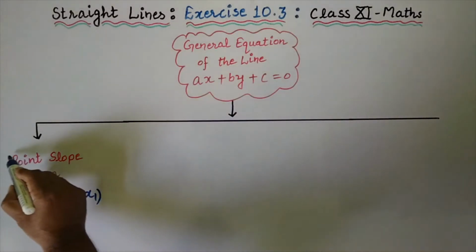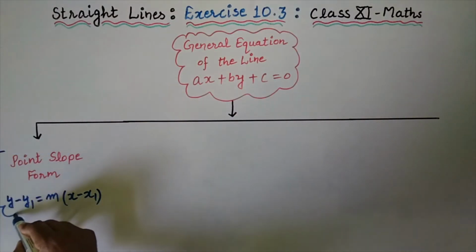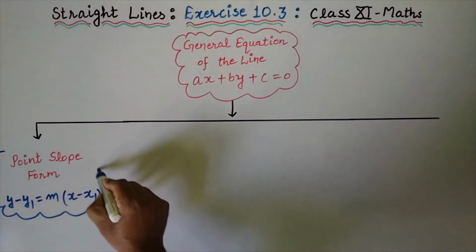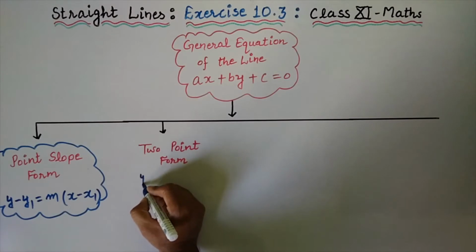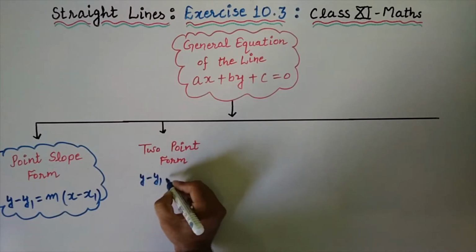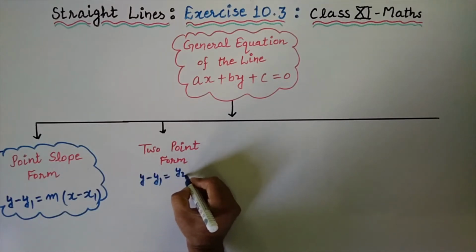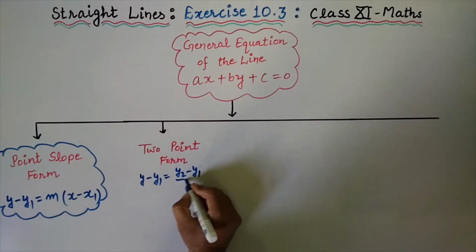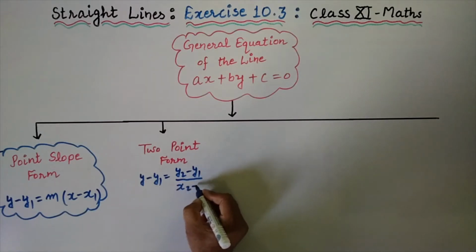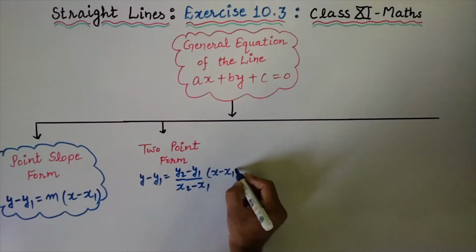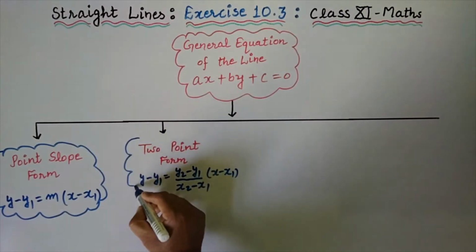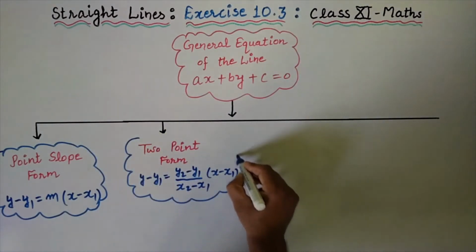This form is called point slope form. One point is given and slope is given. Second form is 2 point form. This is written like this: y minus y1 is equal to (y2 minus y1) divided by (x2 minus x1) into (x minus x1). So this form is called 2 point form of the line.